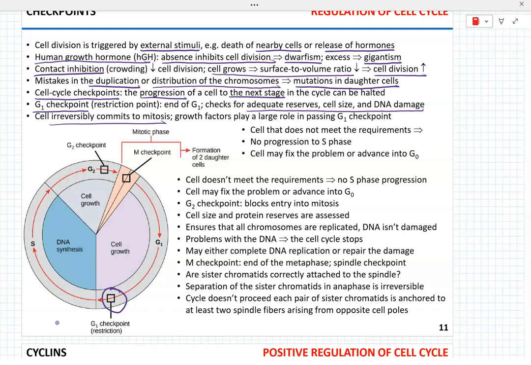Growth factors actively participate in passing the G1 checkpoint. If the cell doesn't meet the requirements, either there are not enough available resources, or DNA is damaged, the cell does not progress to S phase and attempts to fix the problem, or goes into quiescent G0 stage.